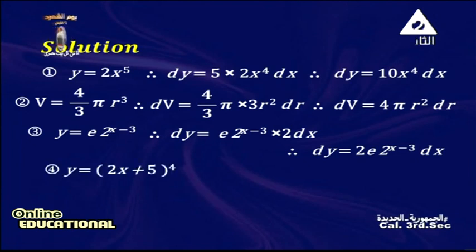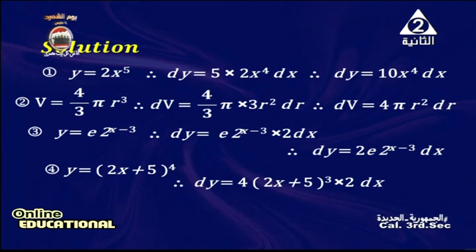Number 4, y equals 2x plus 5 all to the power 4. Then the differential of y is dy equal the differential of the right hand side, bracket power 4. Then the differential is 4 multiply between two brackets 2x plus 5 all power 3 multiply the differential of the function inside the bracket.